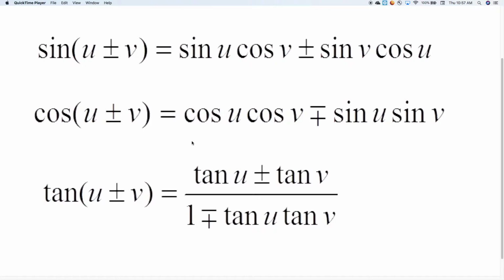And what this is going to allow us to do with the sum or difference formula, because we're either adding two angles or subtracting two angles, is we'll now be able to evaluate the sine, cosine, and tangent exactly for angles that don't appear on the unit circle.